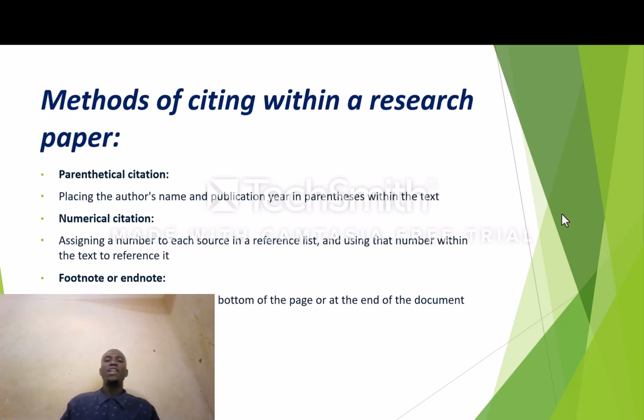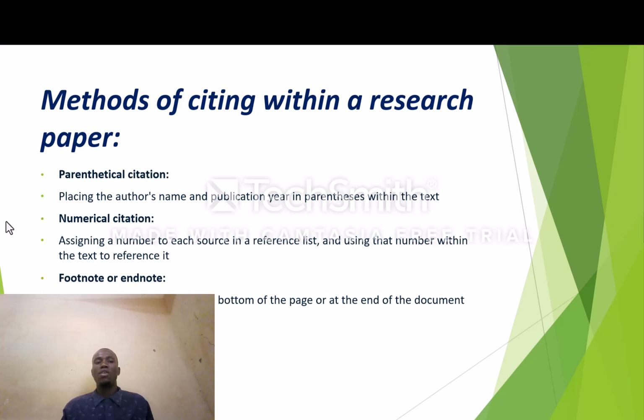Methods of citing within a research paper. It can be parenthetical citation, placing the author's name followed by the published year, when it was published, in parentheses within the text, stating what the person has talked about.